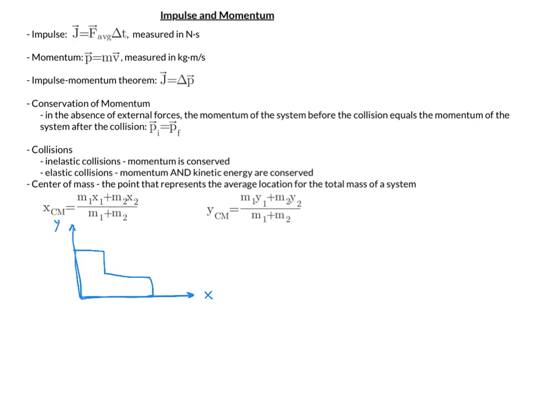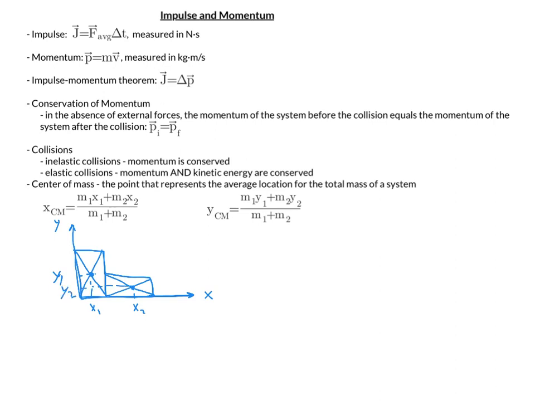And for these types of objects, very regular objects, I know that the center of mass of a rectangle like this would be right here. I know that the center of mass of this rectangle would be right there. So this would be my x1, this would be my x2, and similarly, I would have this as my y1 and this as my y2.